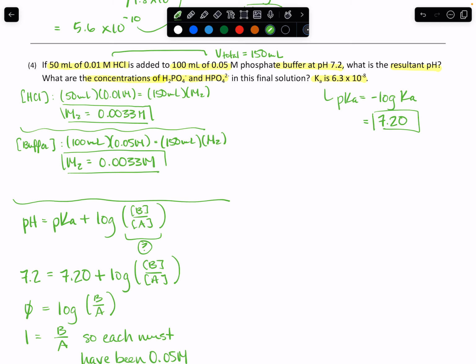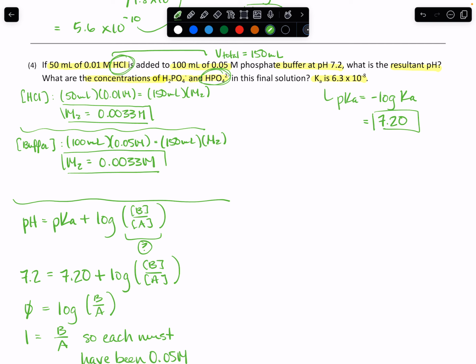All right, so let's start by writing out a reaction. If I look, I am reacting with an acid. This is an acid, so I need the base to react with it.